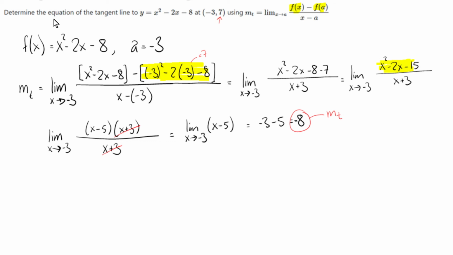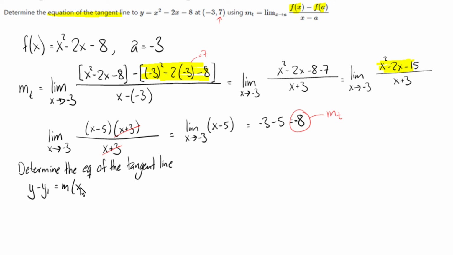Now they want us to determine the equation of the tangent line. So we're going to continue here. So we're going to start with slope-point form. y minus y1 equals the slope, m, times x minus x1.